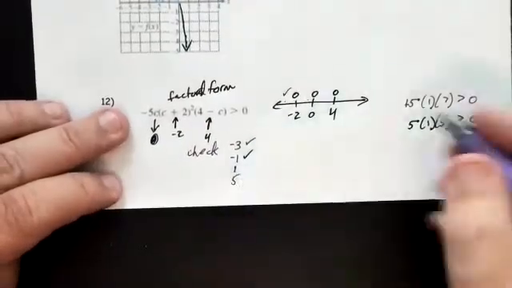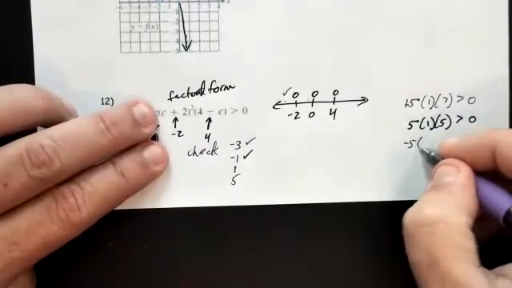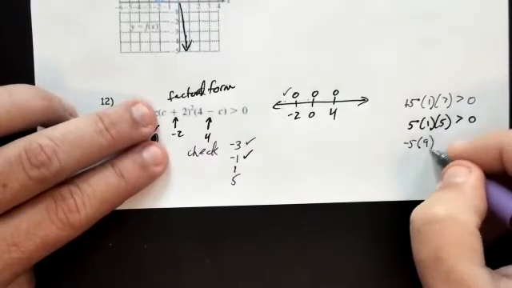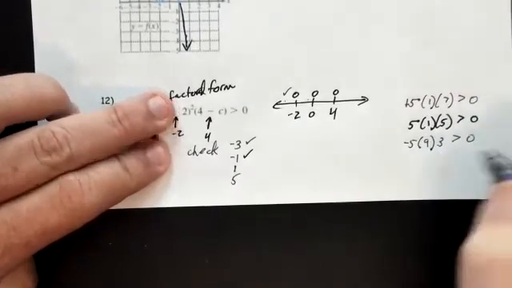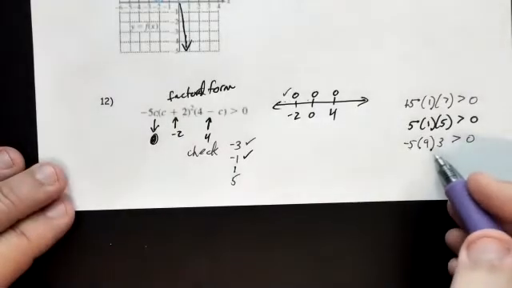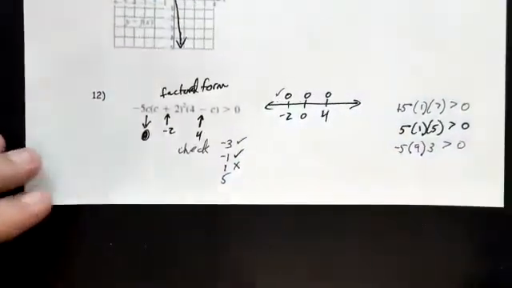Now we're going to plug a 1 in. So we plug a 1 in, that's -5. 3 squared is 9. 1 would be 3. This is going to be negative, positive, positive. That's going to be a negative value. Negative's not going to be greater than 0, so that doesn't work.